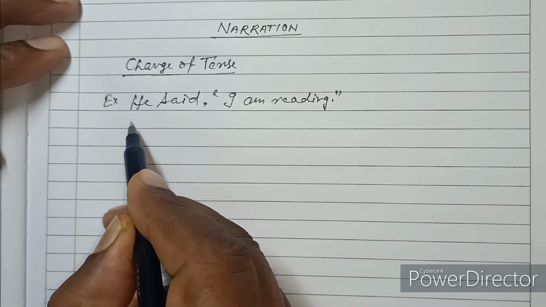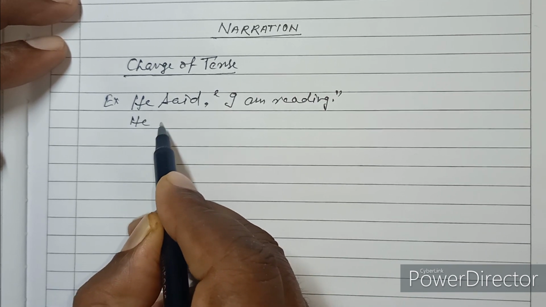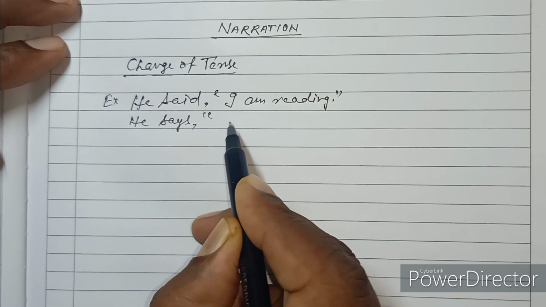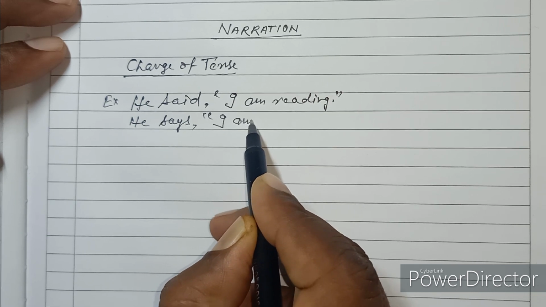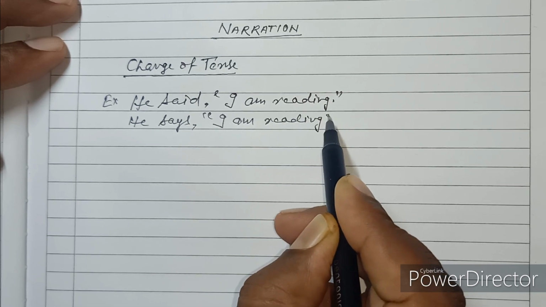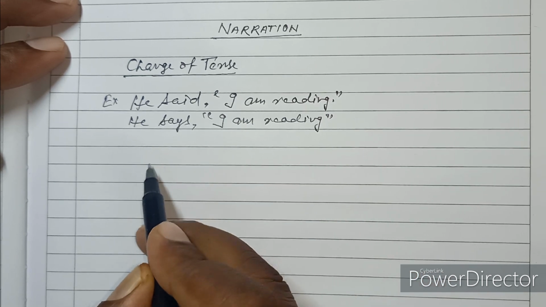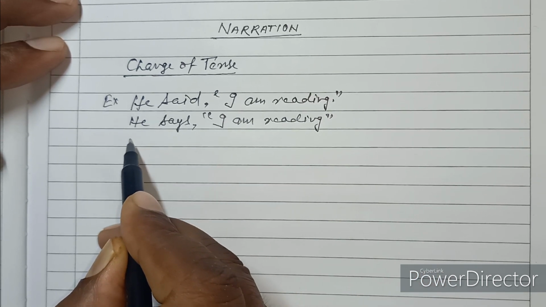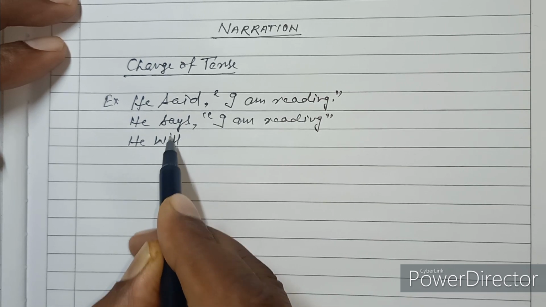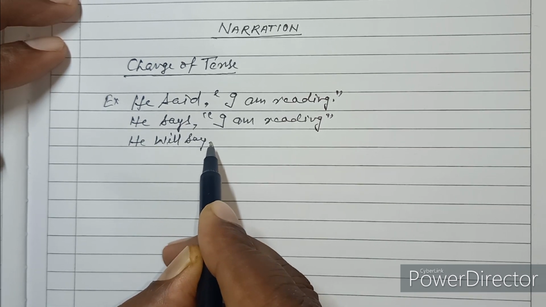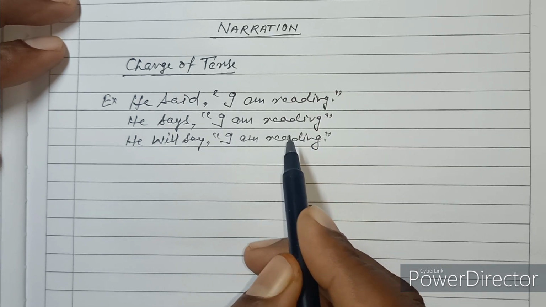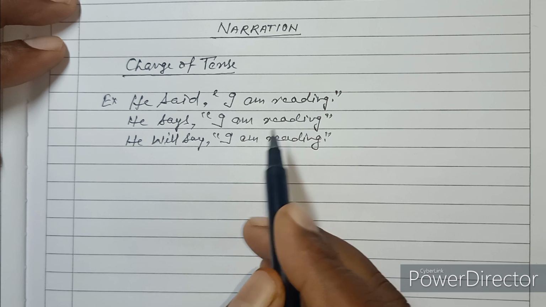Second example is, he says, I am reading. And third example is, he will say, I am reading. Students, do you notice the differences among all these three sentences?